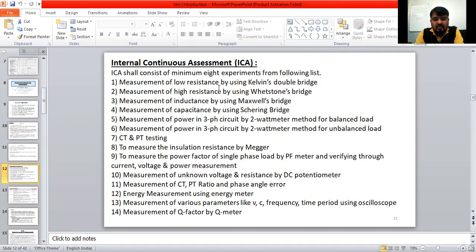There is a derivation for each bridge. First we have to discuss the theory, then go for the practical performance. These four experiments we are going to do virtually, in the virtual laboratory.